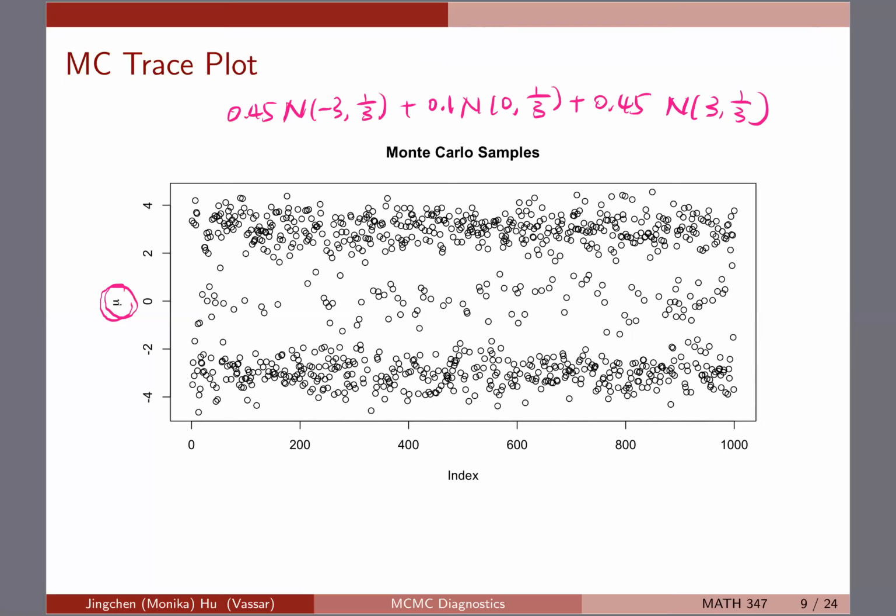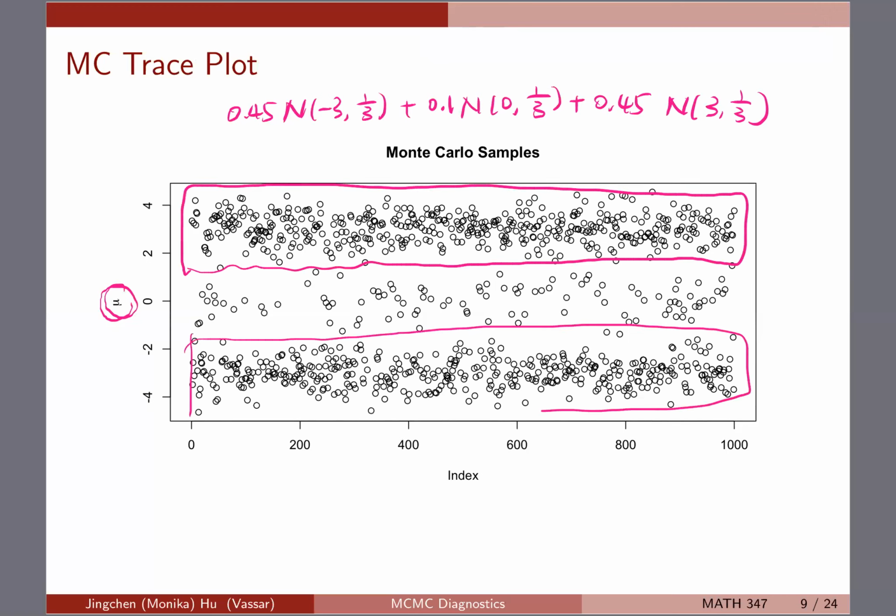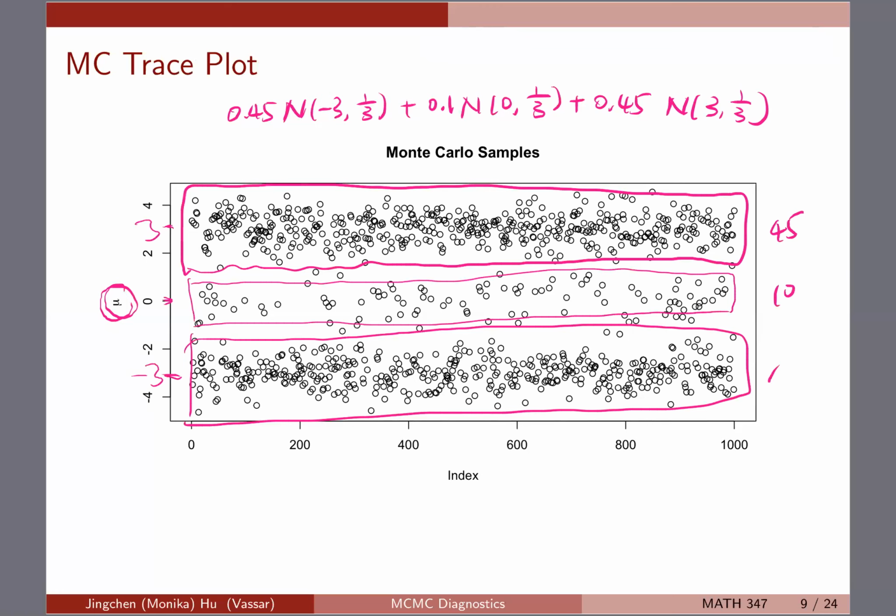Because the Monte Carlo approximation was really good already, on the plot of the Monte Carlo samples of the mean, we should expect 2 big dense parts around -3 and around +3, and then the middle part is around 0 and it's less dense. If you were able to count how many points are over there, the percentages should be about 45%, 10%, and 45%.